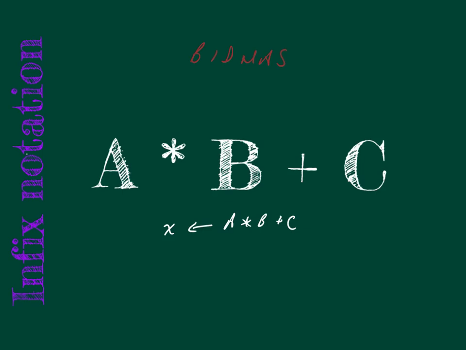So just in case you've forgotten, the B stands for brackets, the I stands for the indices, D stands for division, and then you've got multiplication, addition, and subtraction. Indices, by the way, are just like 2 to the power of 4, etc. So that's the order that you resolve expressions.